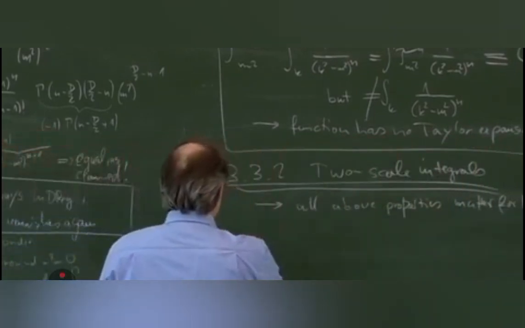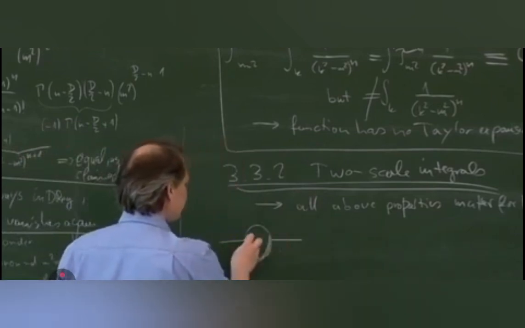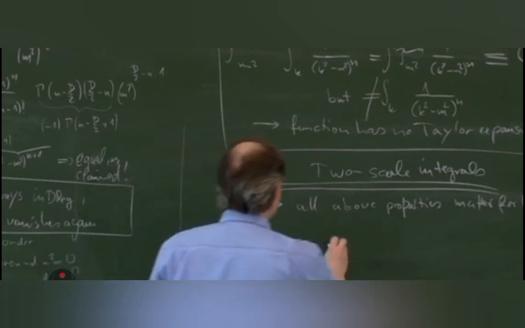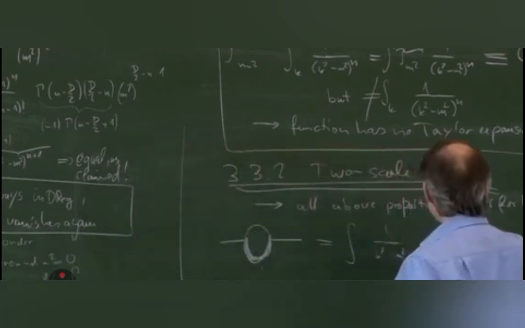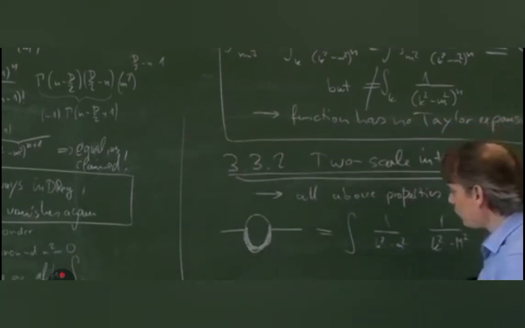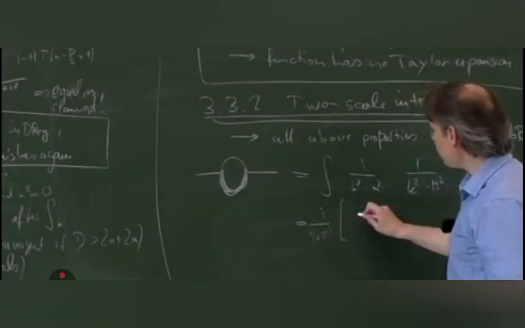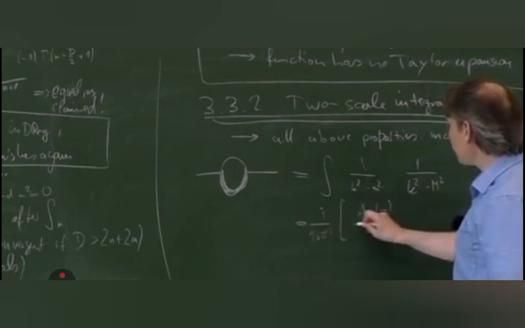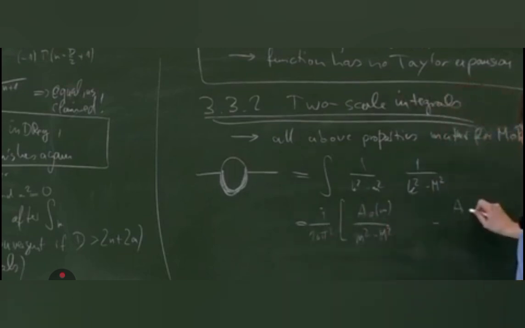And so now let's come back to our example of this particular integral, 1 over k square minus small m square times 1 over k square minus capital M square, which has an exact result i over 16 pi square times a0 of small m divided by m square minus capital M square, minus a0 of capital M divided by the same denominator.